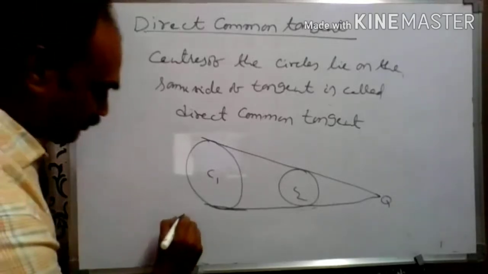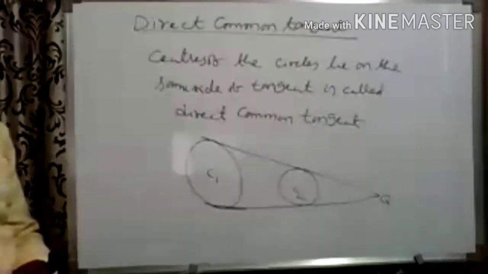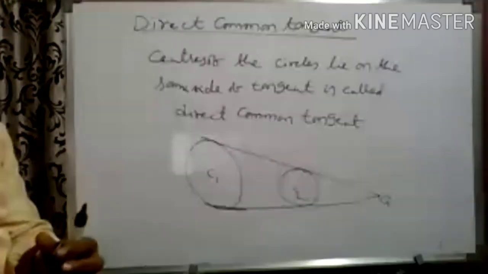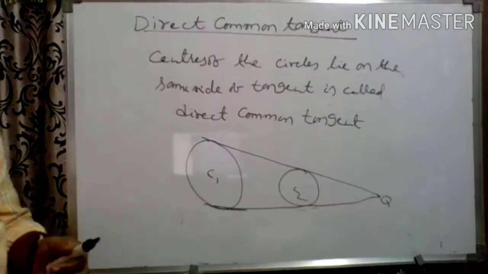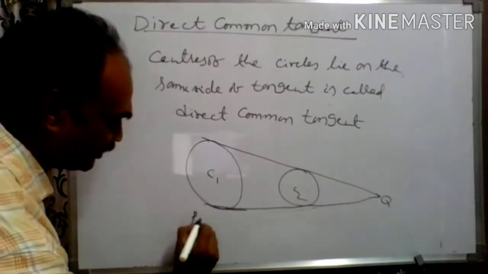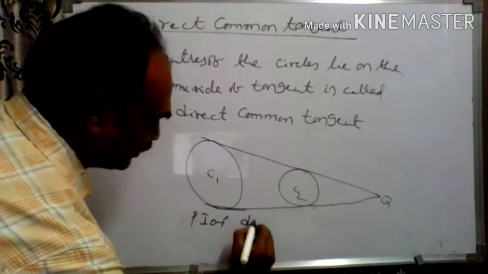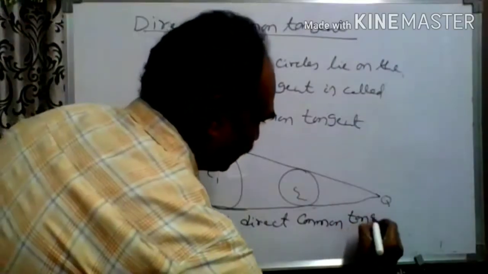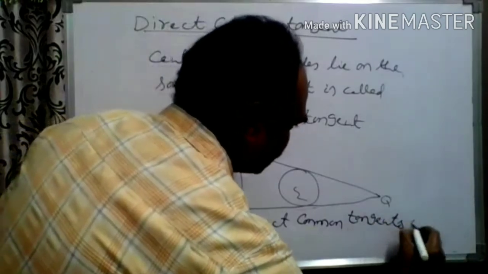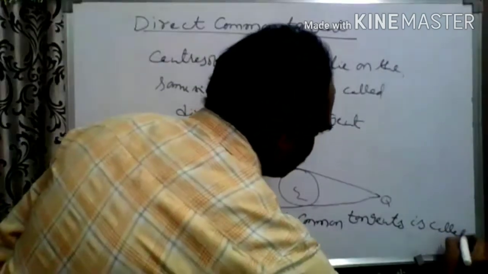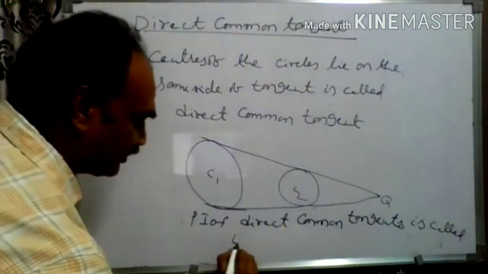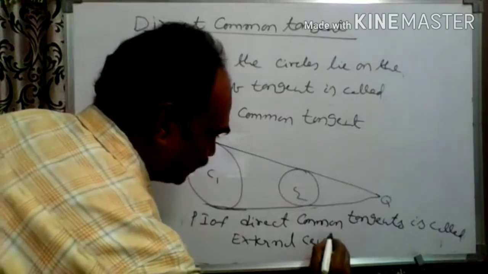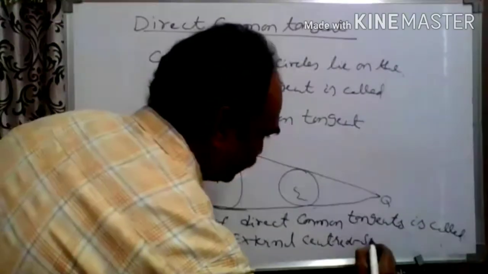Point of intersection of direct common tangents is called the external center of similitude.